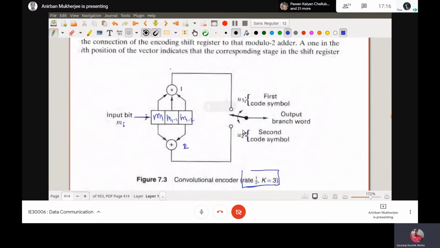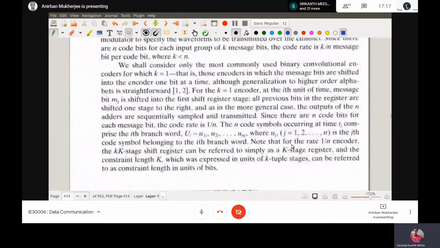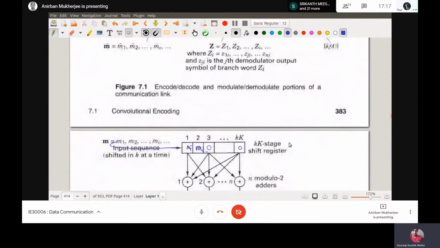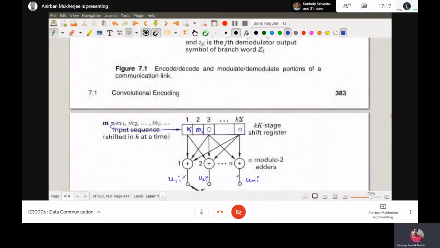Actually, it doesn't matter basically. That's why I told you this representation is a little clumsy.